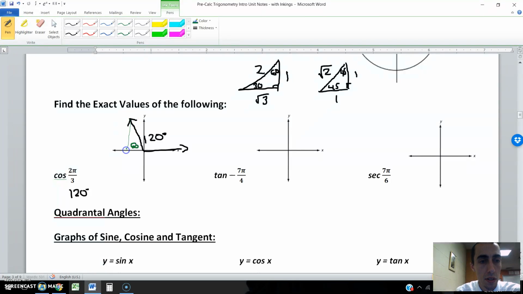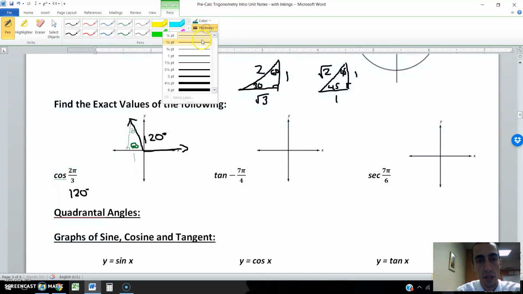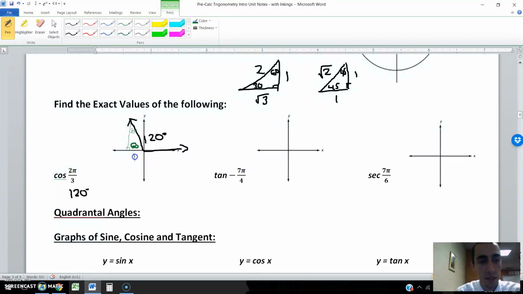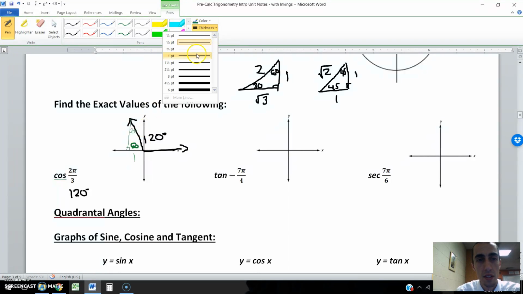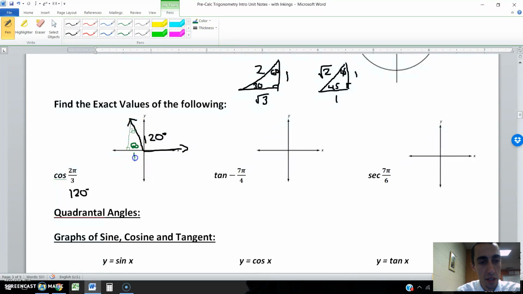Drop down, and we've got 30 degrees up in there. So 60 degrees, 30 degrees, and 90 degrees. So we've got a 30, 60, 90 triangle. Across from the 30 degree side is 1 unit. That thickness is bothering me. This one is too thick, this one is too thin, and this one hopefully is just right. Across from the 60 degrees, we'll have root 3, and across from the right angle we've got 2.